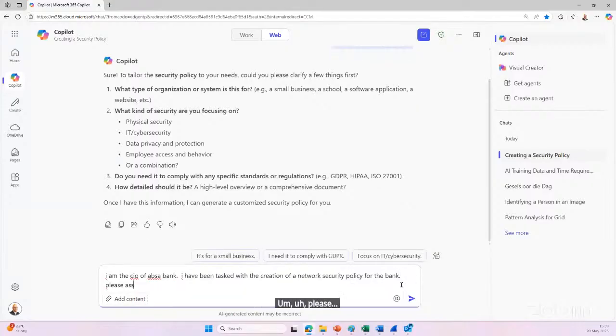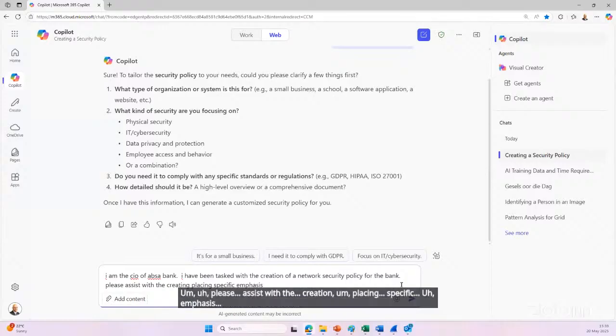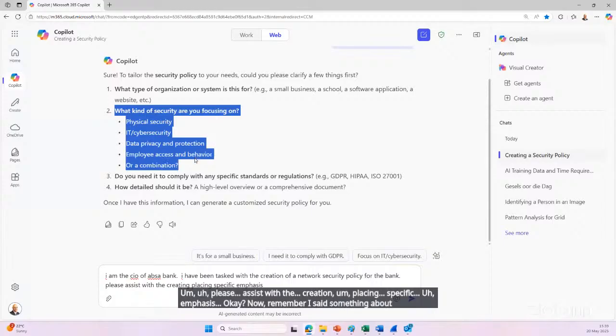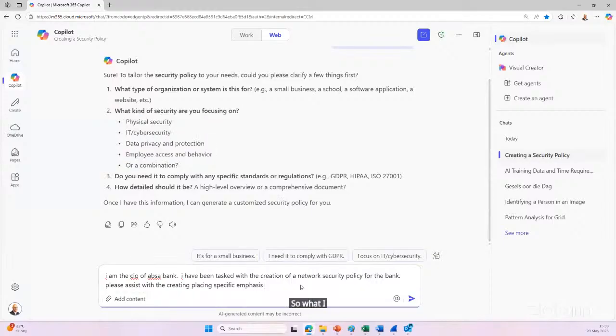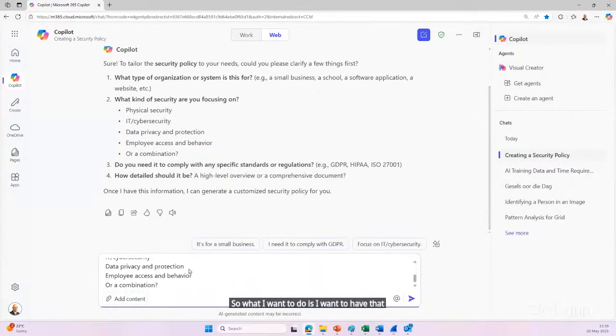Please assist with the creation, placing specific emphasis. Okay. Now, remember I said something about point format. So what I want to do is I want to have that point format over there.